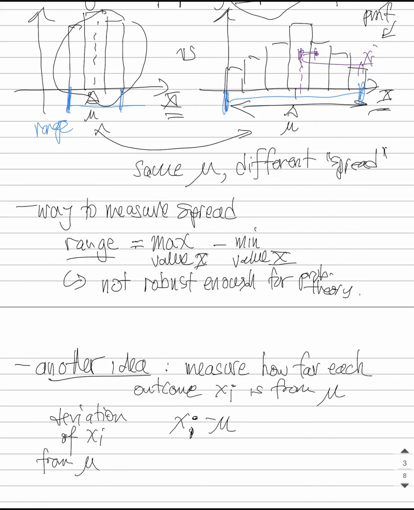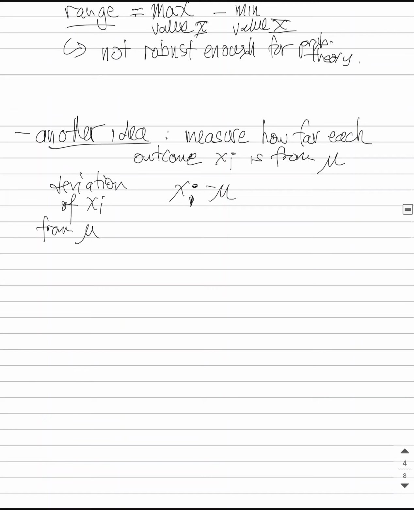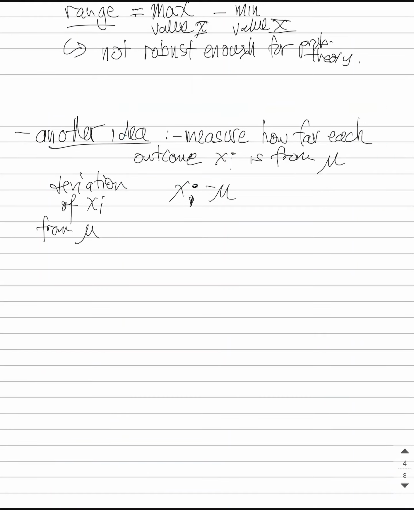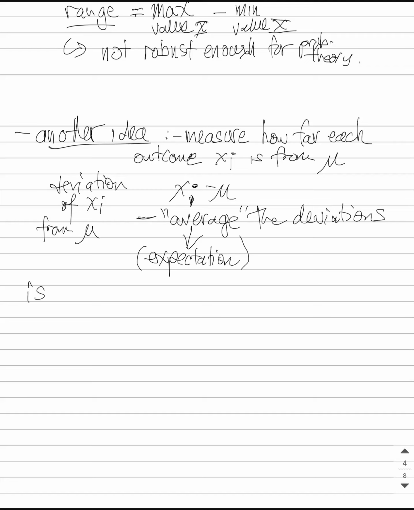So the plan is we're going to measure each deviation from the mean, and then average all of the deviations. And averaging the deviations is kind of like talking about expectation, because an expectation is the most likely, or what we call the average outcome. But there's a little bit of an issue.